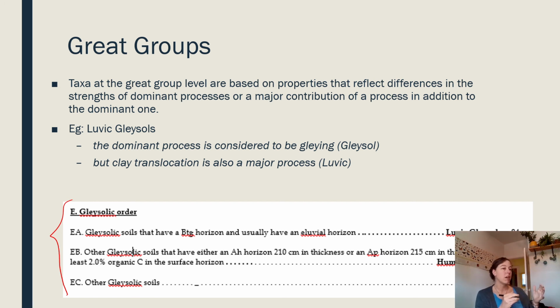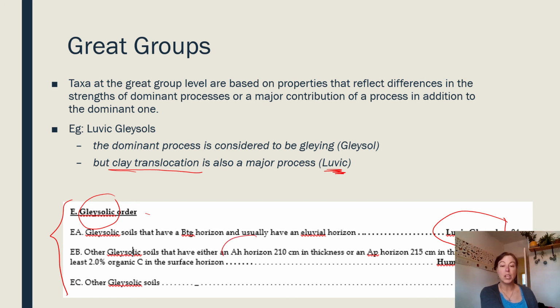So the orders, for example, the gleysolic order, the dominant process of all gleysols is that it's been saturated underwater. It has gleying. But a secondary process in that gleying might be that there's clay translocation. Clay translocation is the main feature of a luvisol. So you might have a luvic gleysol, which is what this says underneath my face over here.